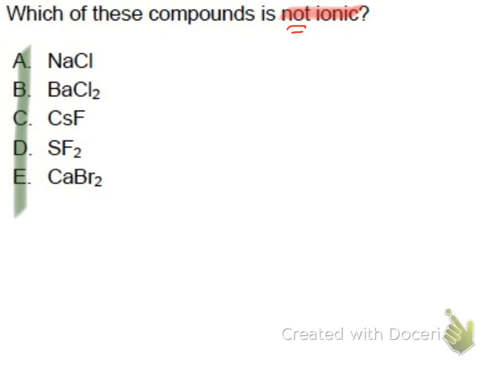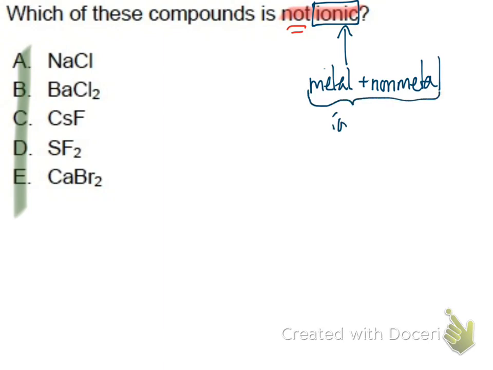There are a couple of different ways to come at this question, but when we think about what makes an ionic compound, we know that an ionic compound is something that has a metal plus a nonmetal.